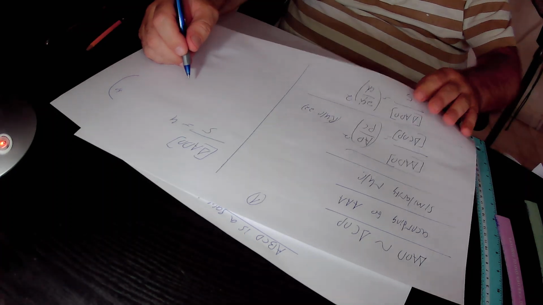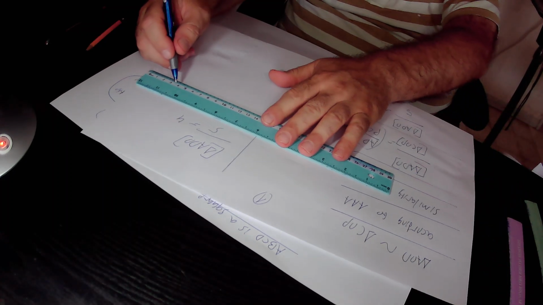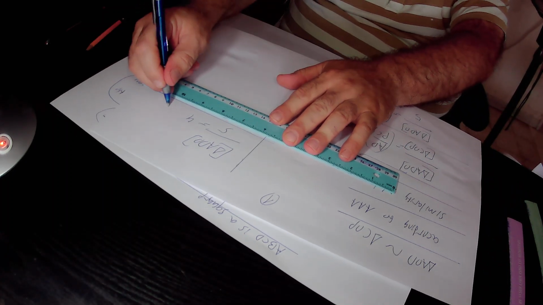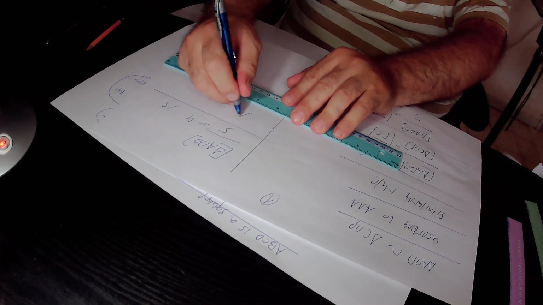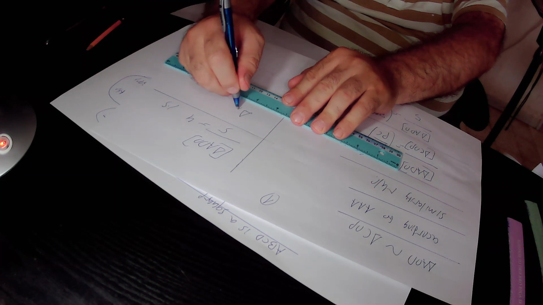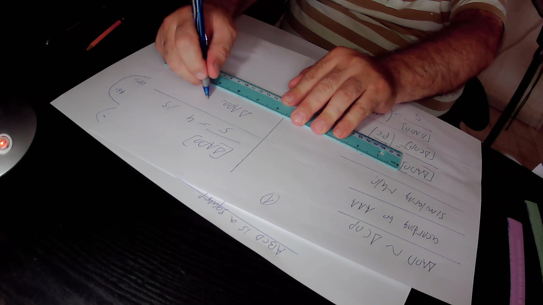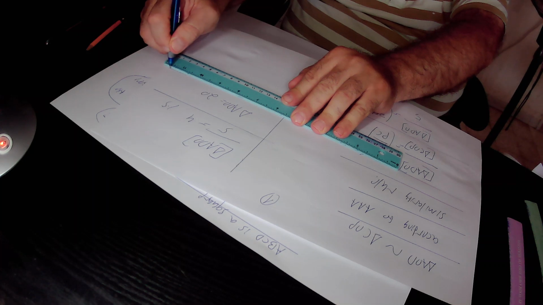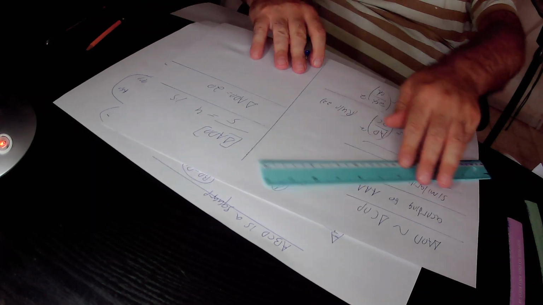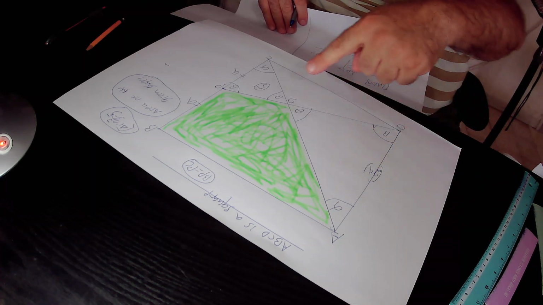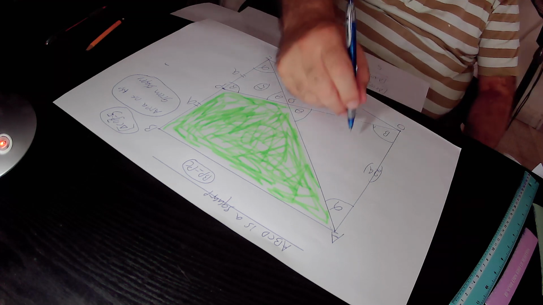Here we will multiply this equation by 5, and we get that the area of the big triangle ADO is equal to 5 times 4, that is 20 square units. So we found out that the area of this big triangle ADO is equal to 20 square units.